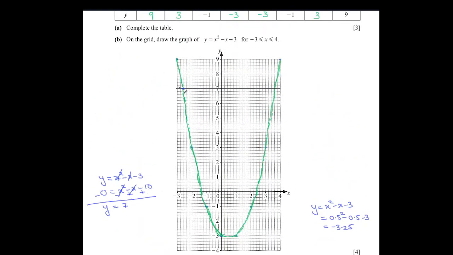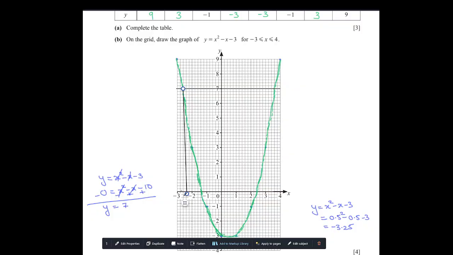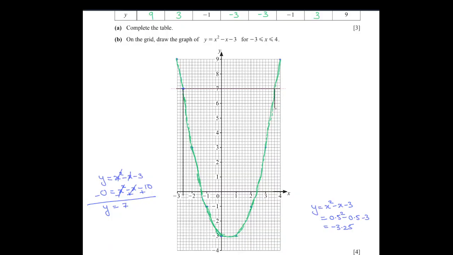Let me draw the line from here, then you can get it. Five boxes, and one number, so 2.2, 2.3, 2.6, yeah, 2.6, and a little bit here and there we can make it 2.6 and 3.6.